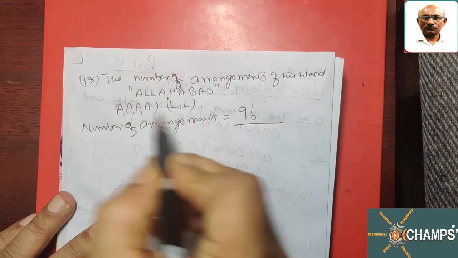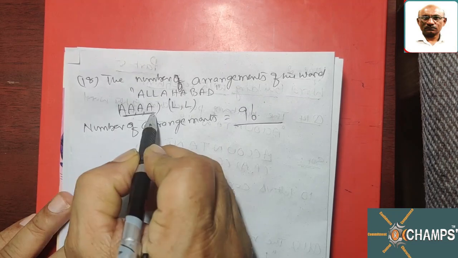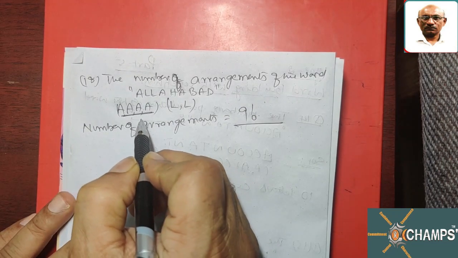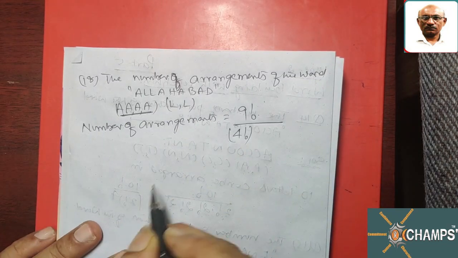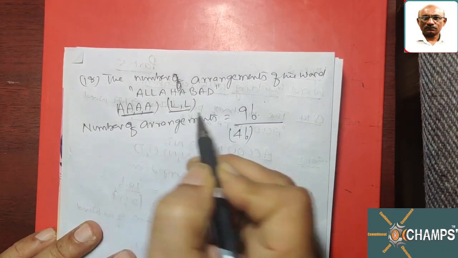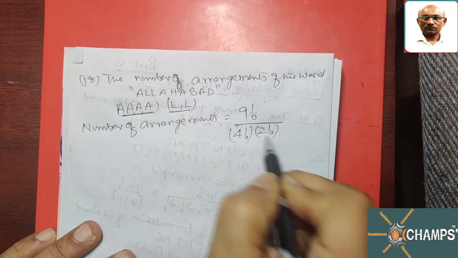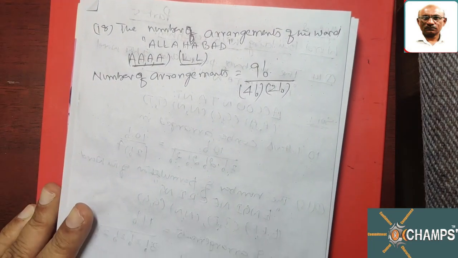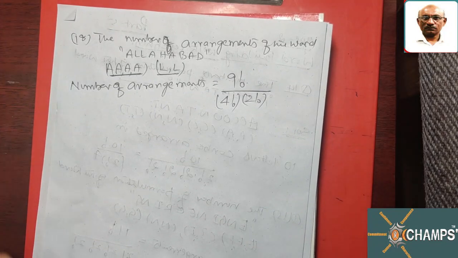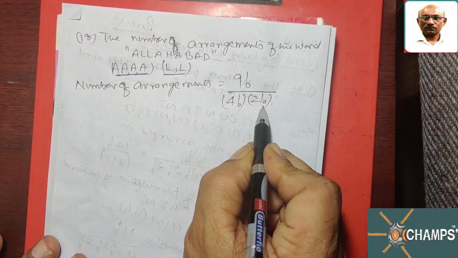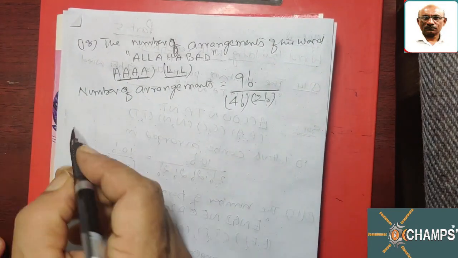Out of the 9 letters, one letter is repeated 4 times. So to avoid double counting, it is divided by 4 factorial. Next, one more letter is repeated 2 times, so divided by 2 factorial. So 9 factorial divided by 4 factorial into 2 factorial is the answer to the given question.